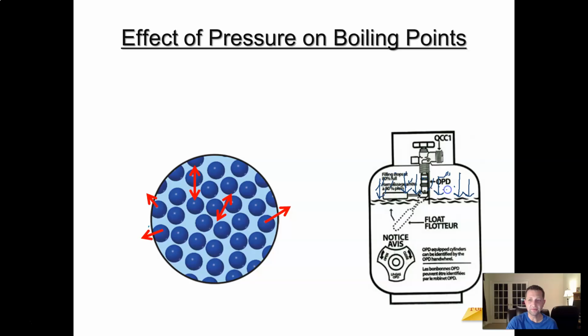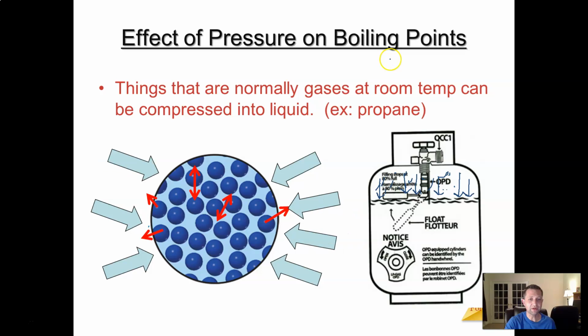That's the part that gets pumped out and lit on fire for you to grill, or for me to heat my house with my furnace in my basement. So some of the liquid turns into a gas and you use it. A lot of liquid turns into a decent amount of gas, which is why it lasts so long. But it's important to keep it pressurized.